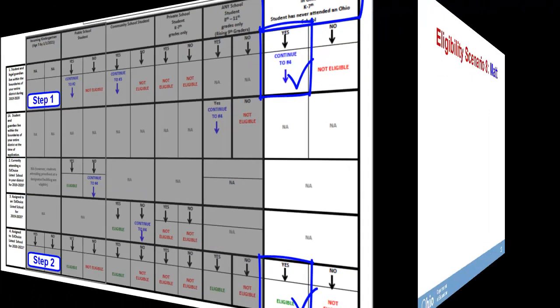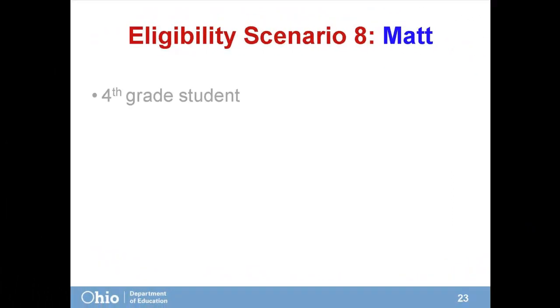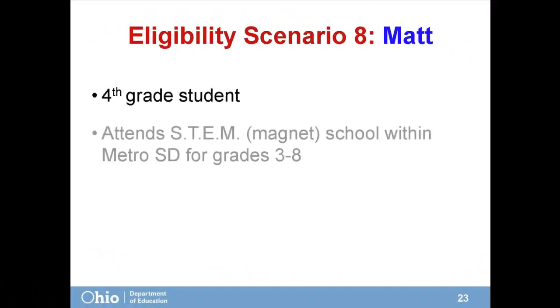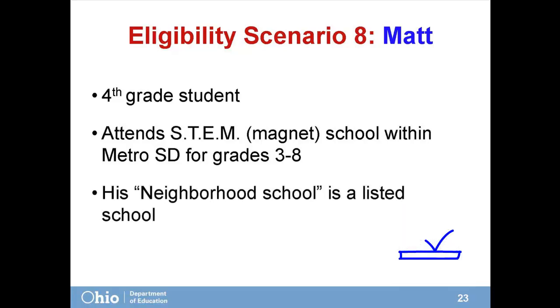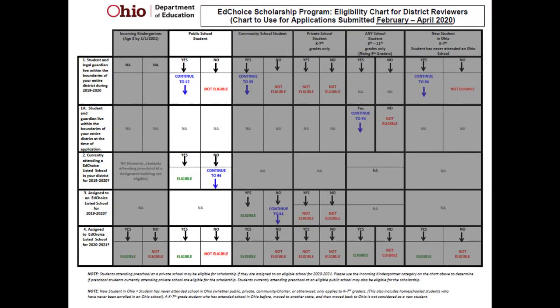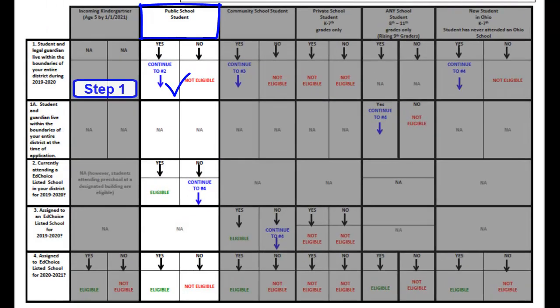Our next student is Matt. He is a 4th grade student attending STEM, a science and technology magnet school within the Metro District. His neighborhood school is Clark Elementary, and it is a listed building. Is Matt eligible for EdChoice? To begin, let's look at the public school column. Matt is a current Metro District student, but not currently attending an eligible school in his resident district.